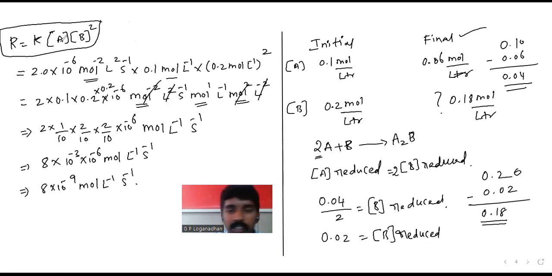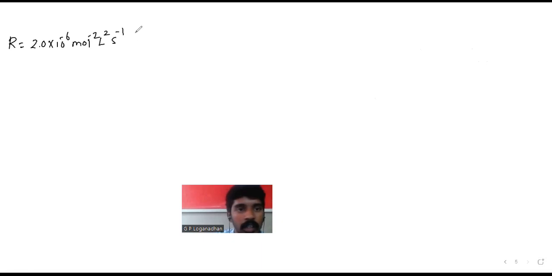Next, the concentration of A, you are given right in the question. At 0.06 mole per liter, concentration of A is there. At that time, you have to find. So it is 0.06 mole per liter.